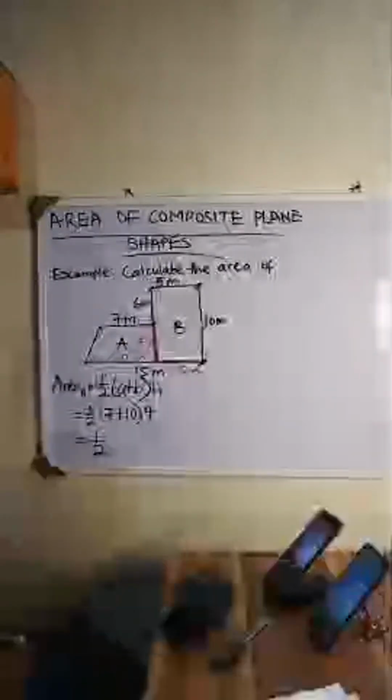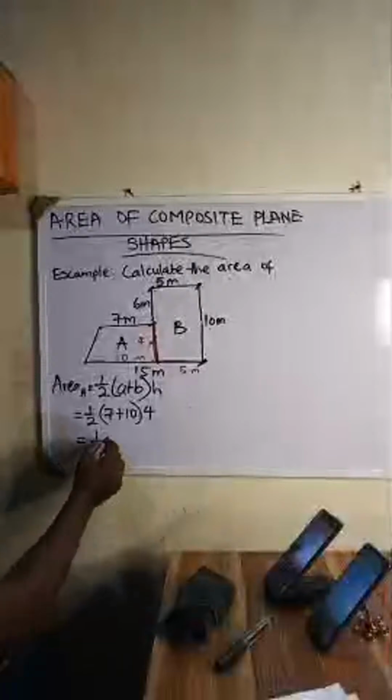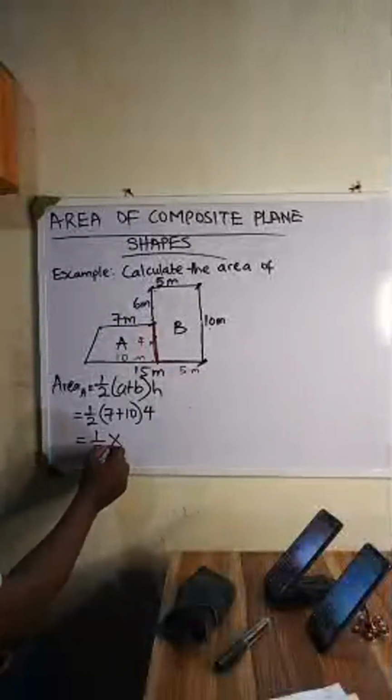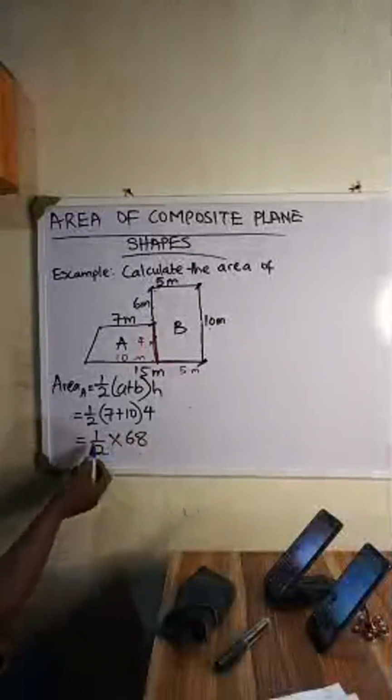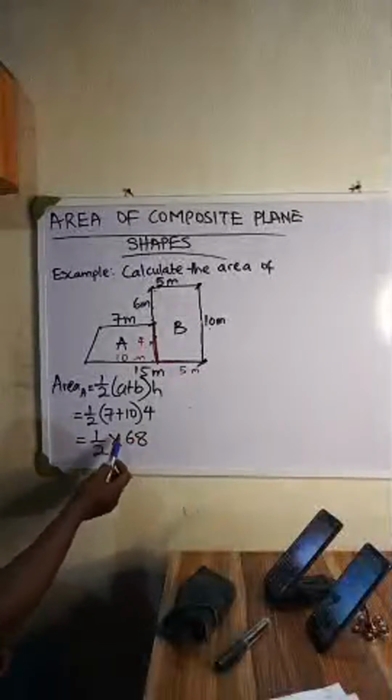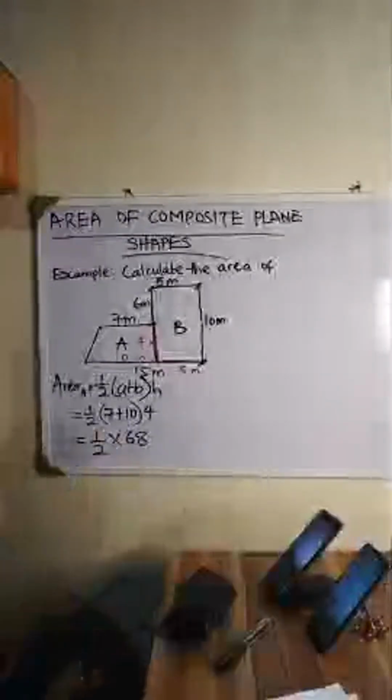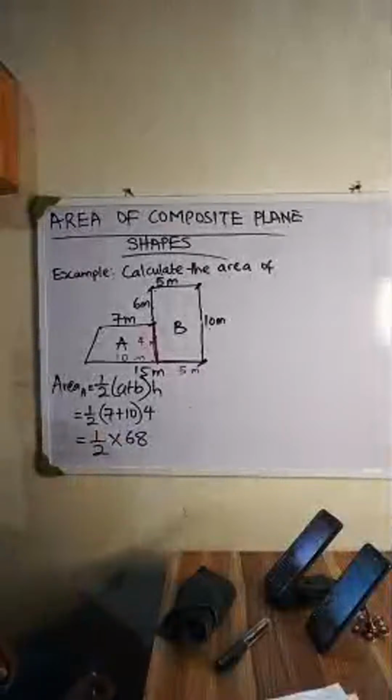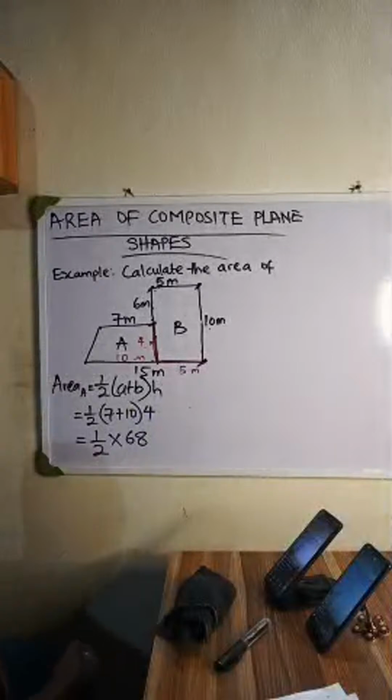Okay, that's how we got 4. So correct, 68. We got 68 by doing 7 plus 10, 17, and 17 times 4 is 68. Okay, that's how we got 68.